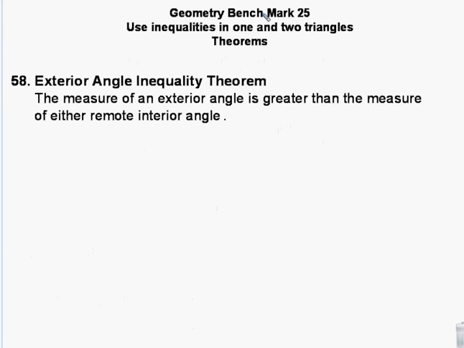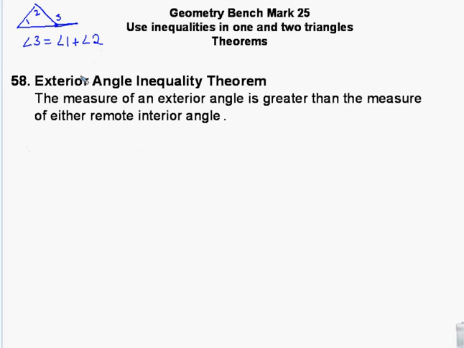Okay, now we have angle inequalities. Now we talked about before where we had an exterior angle. So if this is 1, 2, and 3, angle 3 is equal to angle 1 plus angle 2. Remember that?